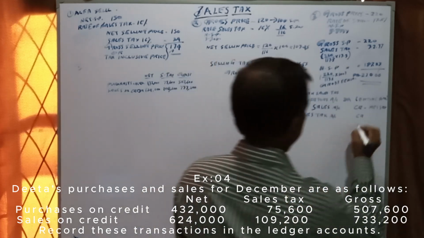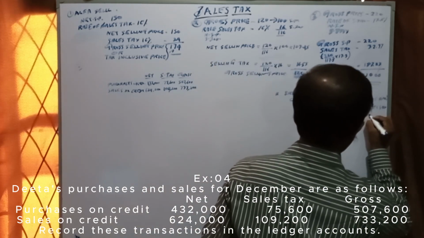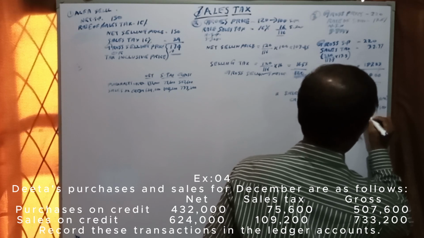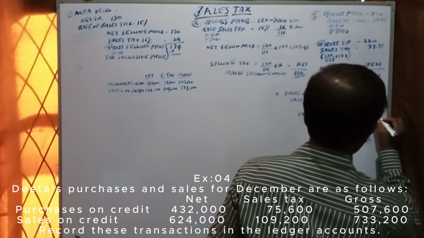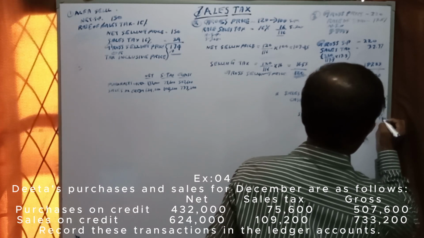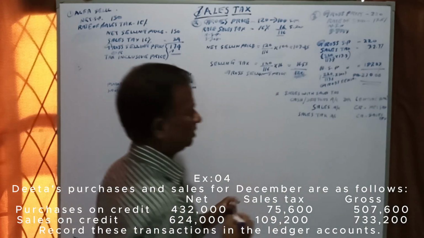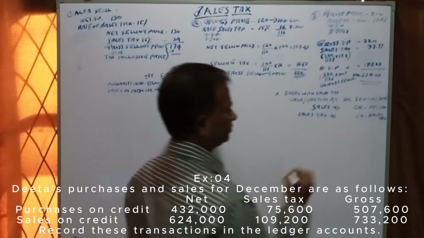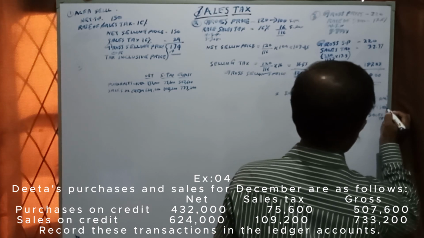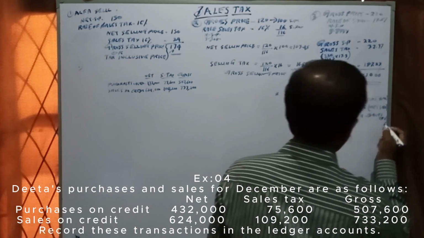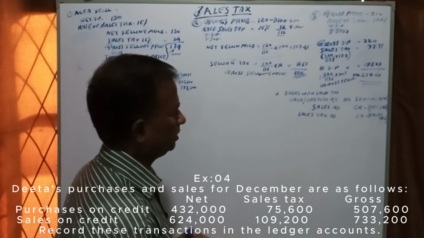Here we will say the tax amount. Sales tax. Right? This is net sales. This is the sales tax amount. Right?